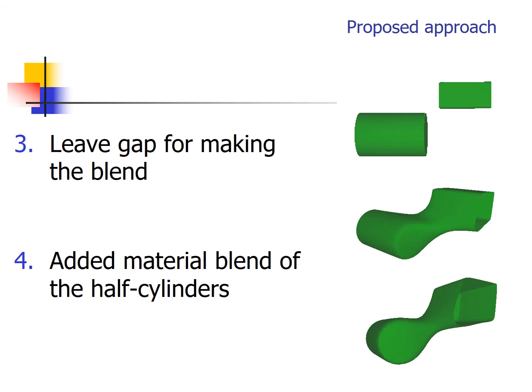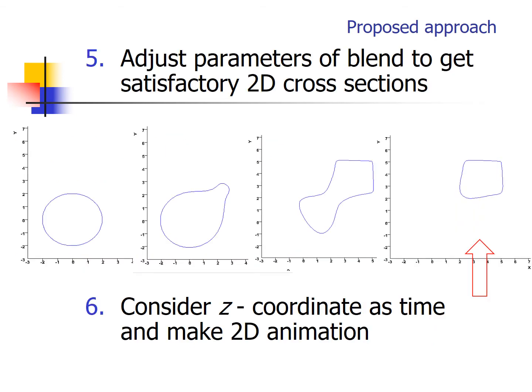The axes of both cylinders are parallel to some common straight line in 3D space, for example to the coordinate z-axis, and the bounding planes of two half cylinders are placed at some distance to the given space for making the blend. Step number 4. Apply the blending union operation with added material to the half cylinders. Step number 5.